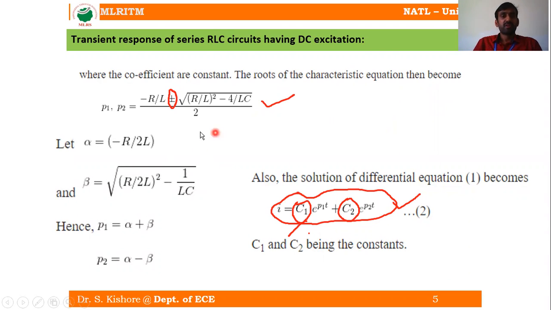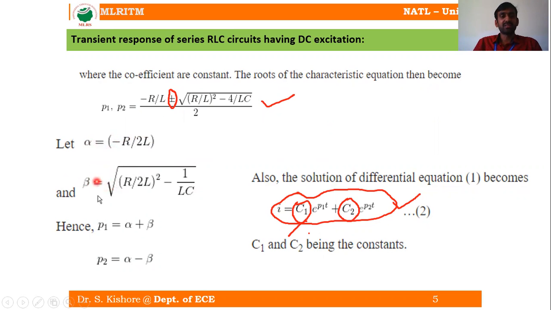So for simplification purpose, let us consider alpha is equal to minus R by 2L. If we send this denominator 2 to the numerator, we can have R by 2L, minus R by 2L. So let us say, for the simplification purpose, I am considering minus R by 2L as alpha.